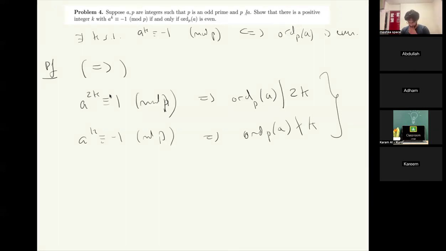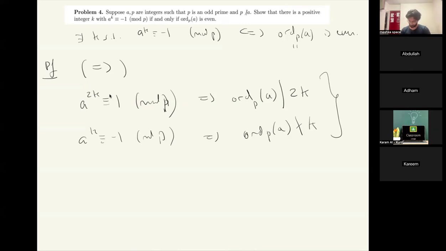So maybe this is right: it doesn't divide k, it divides 2k, so it implies it's even. Why does it imply it's even? No, it doesn't have to be 2 multiplied by something.